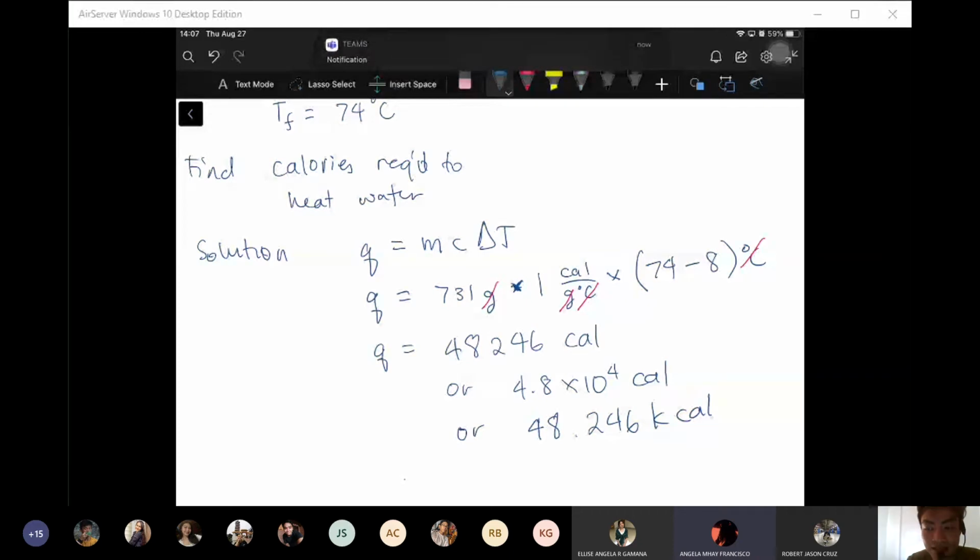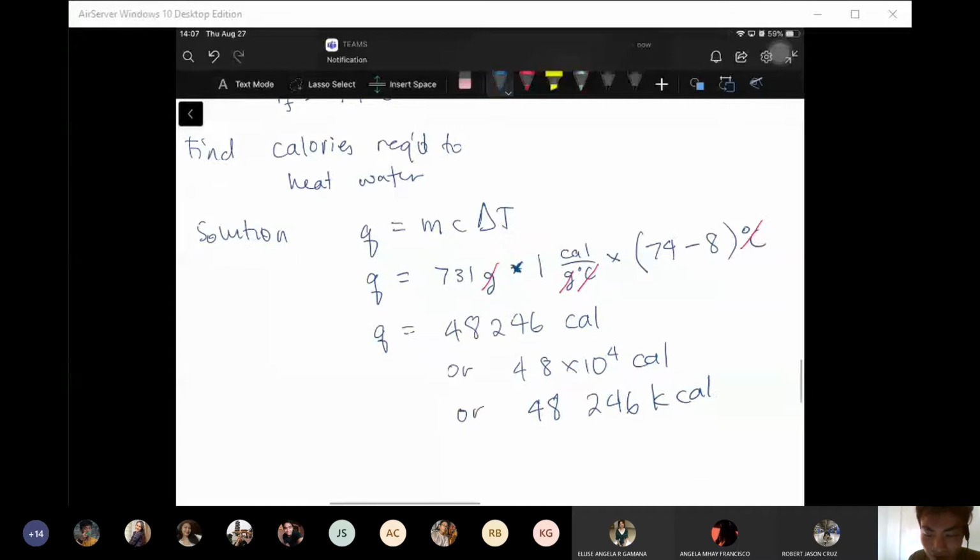Minsan naka-scientific lahat, minsan naka-kilocalories lahat. Pero rest assured, hindi ko gagawing choices ito at ito, kasi pare-parehas yan tama. Okay, thank you po. Okay po, noted sir.